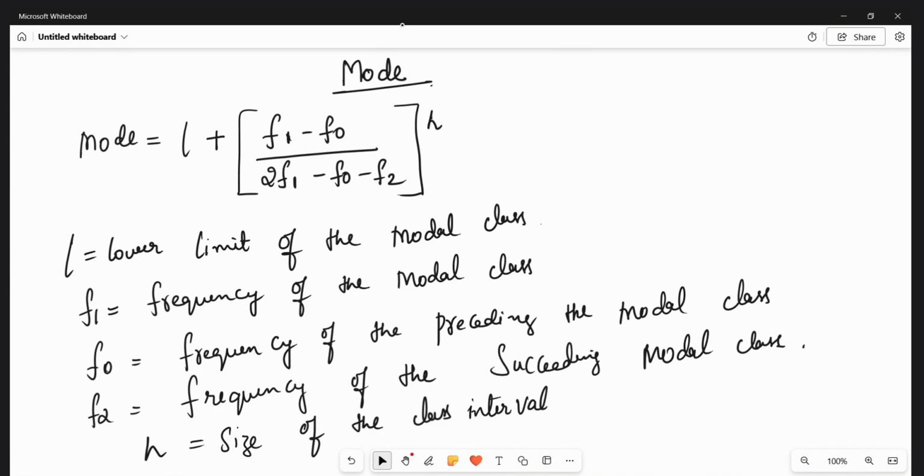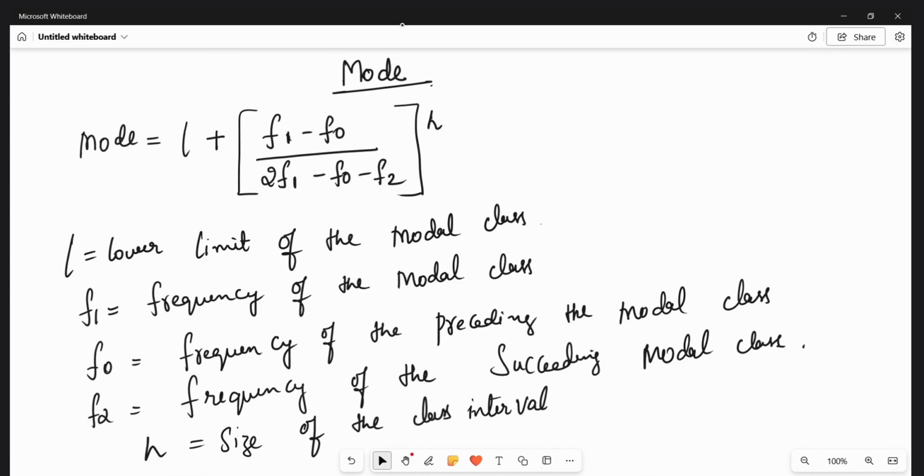Where in the class interval we have the highest frequency, that will be the modal class.